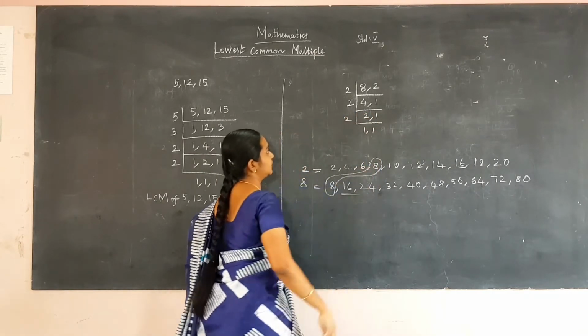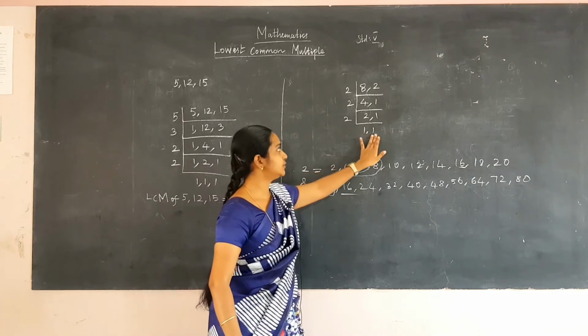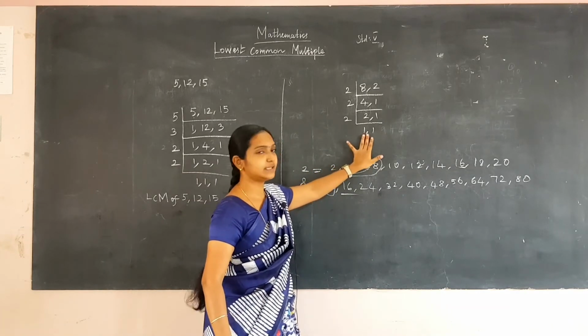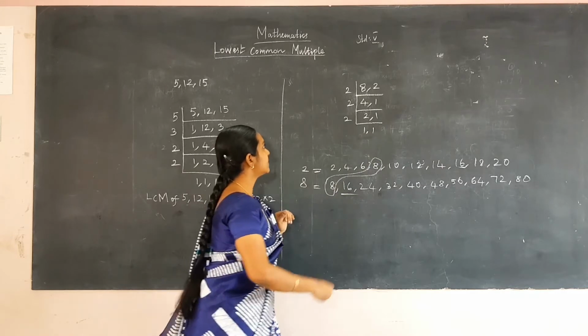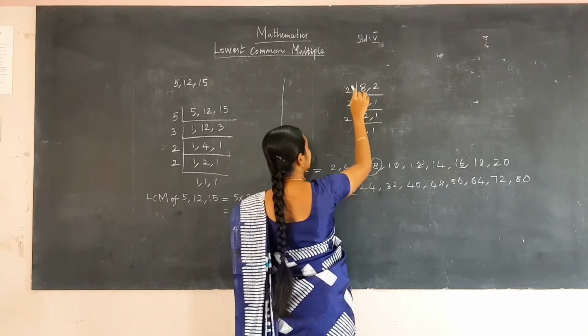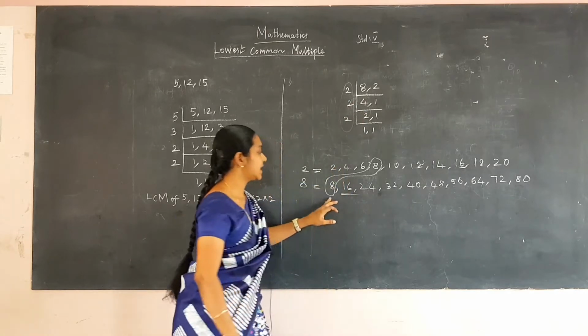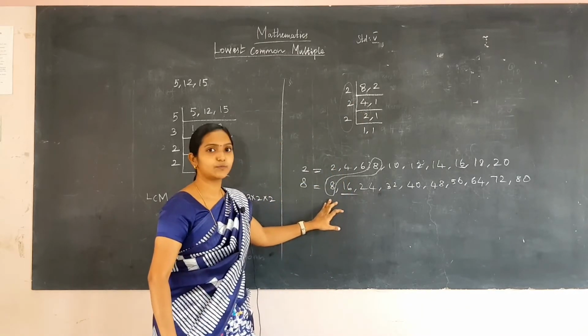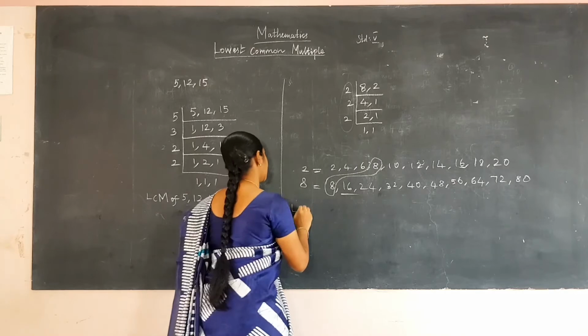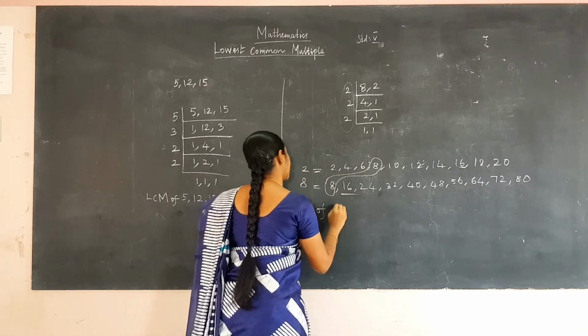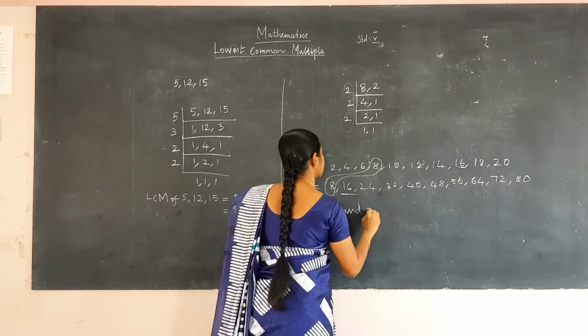We have got 1 1. We should do the division until we get 1 here. We have to multiply all these numbers. 2 into 2 is 4. 4 into 2 is 8. So, we have got the same answer here also. LCM of 8 and 2 is 8.